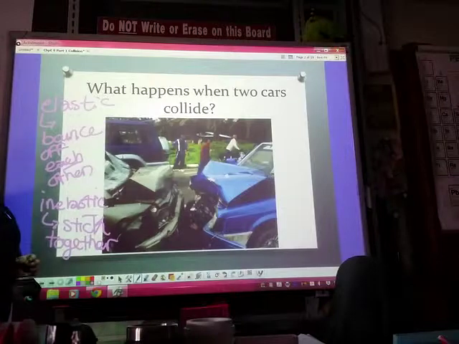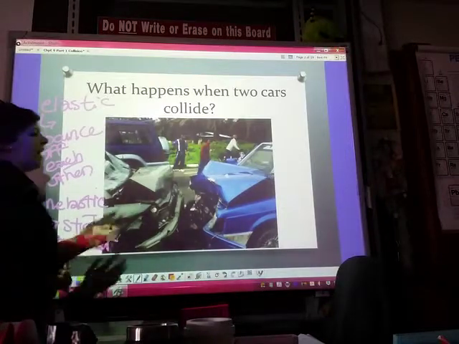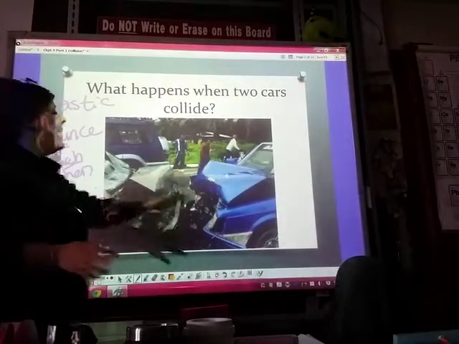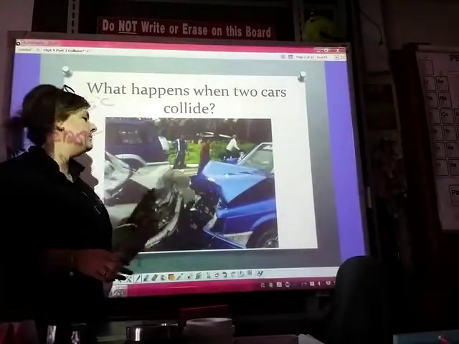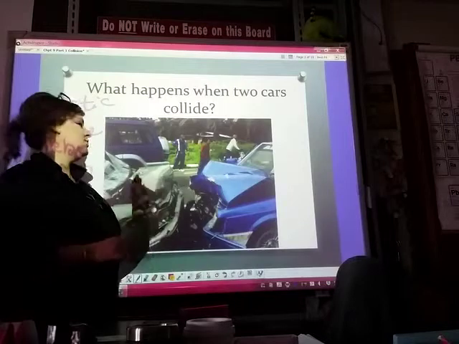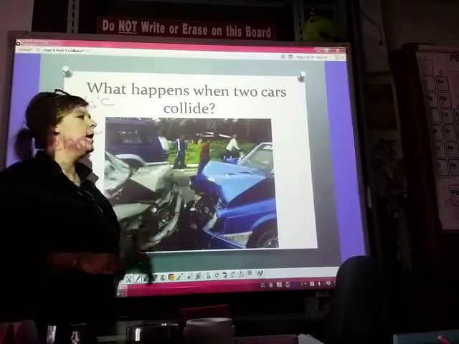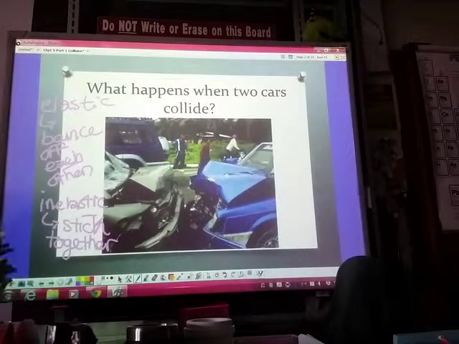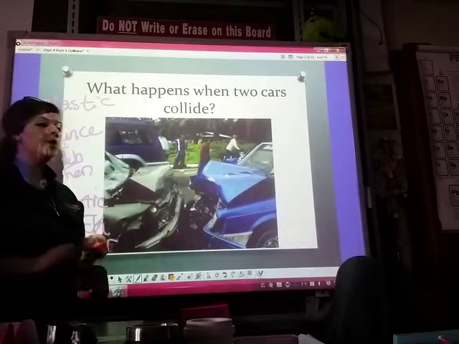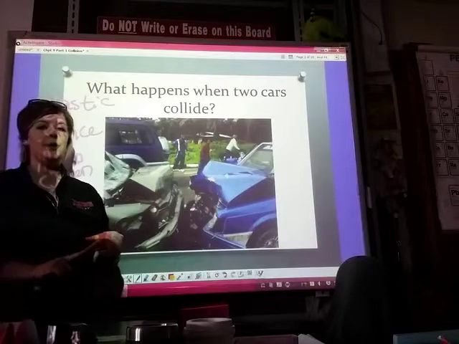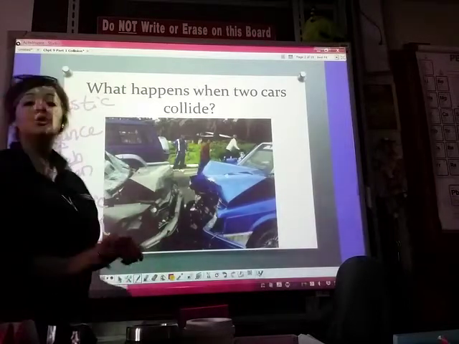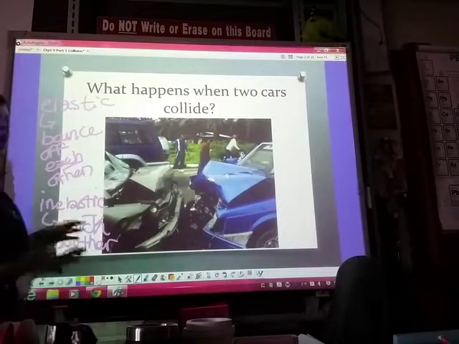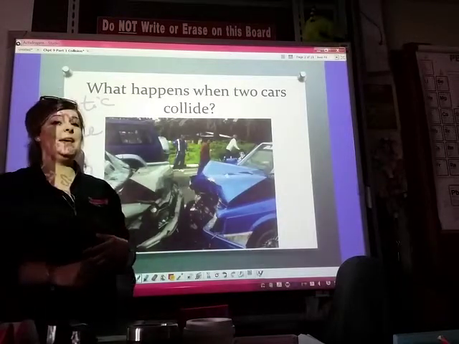That's different from an elastic collision. So let's say this car is at a stoplight, and this car comes up and very gently just taps on the bumper of this car, but they bounce back off. That would be an elastic collision. An elastic collision conserves kinetic energy and also conserves momentum, versus an inelastic collision, which will not conserve kinetic energy.